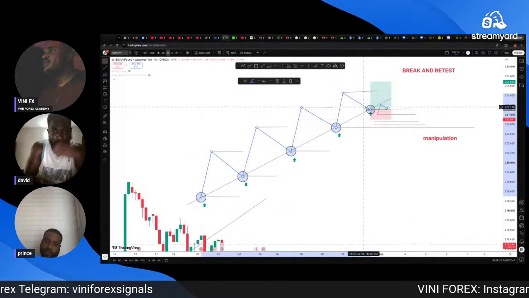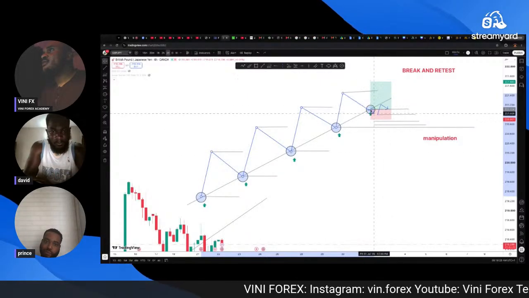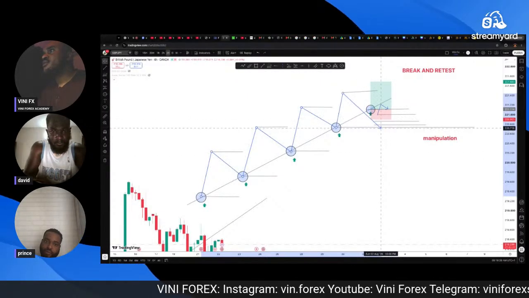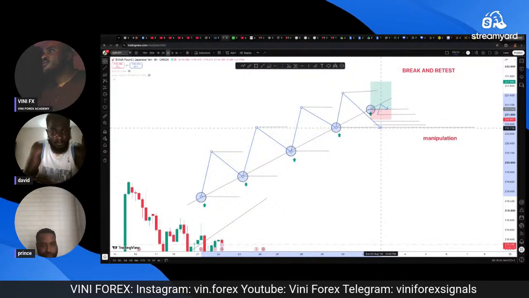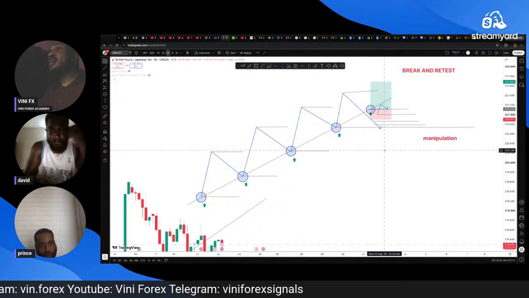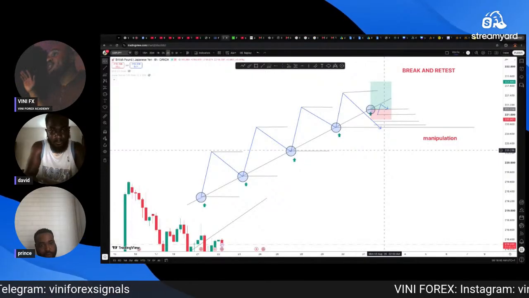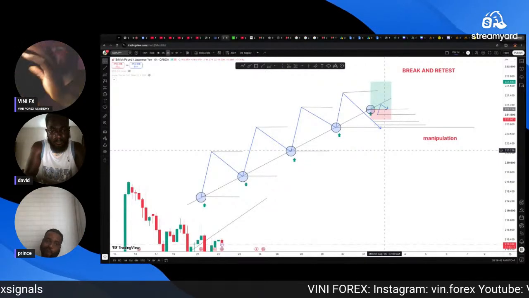Instead of buying, they will first push the market down to take your stop loss. The buy is so clear and so neat that everything is showing it is a buy.